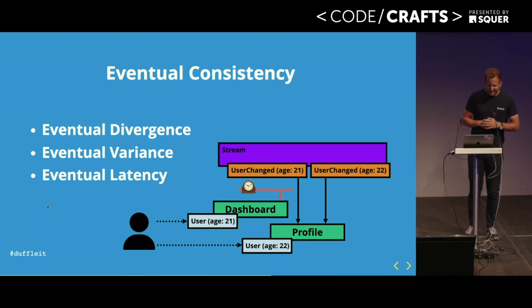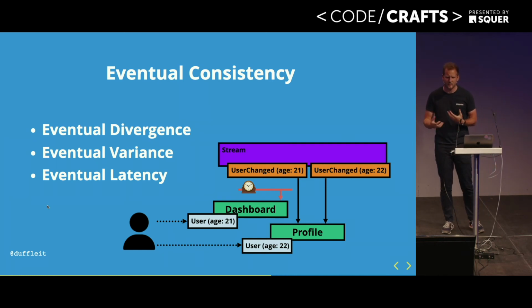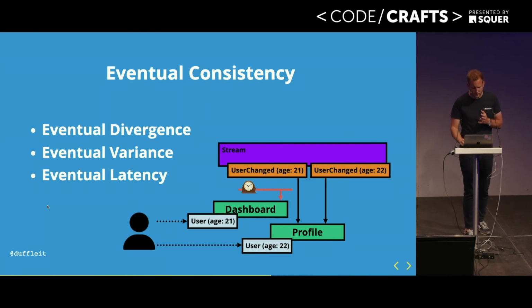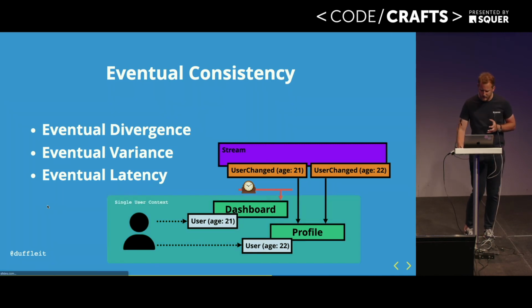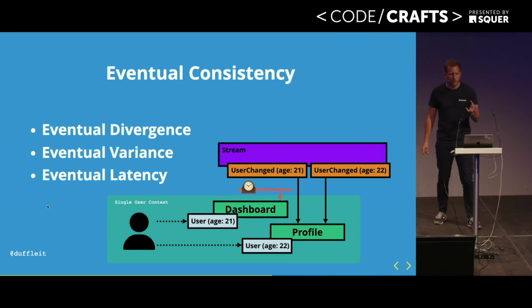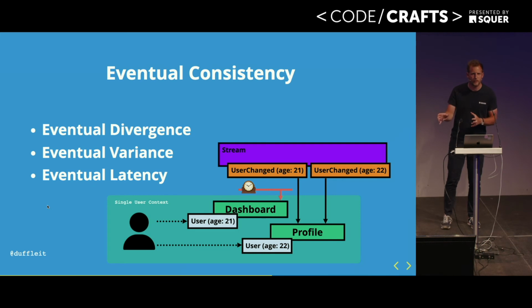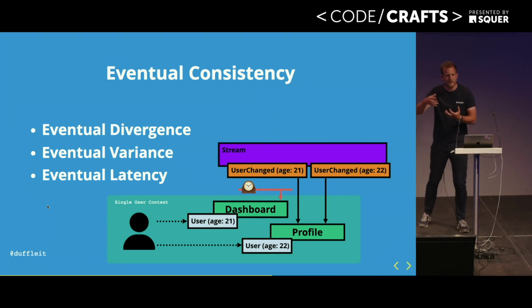And as I mentioned, this is hard to solve in 50 minutes, but in general, at least my simple solution to this, or what I usually ask people, is: the interesting part about eventual latency is that it's usually just important in a single user context. What I mean by this is, if I, for example, change my age from 21 to 22, for me it's important that it's then updated everywhere.